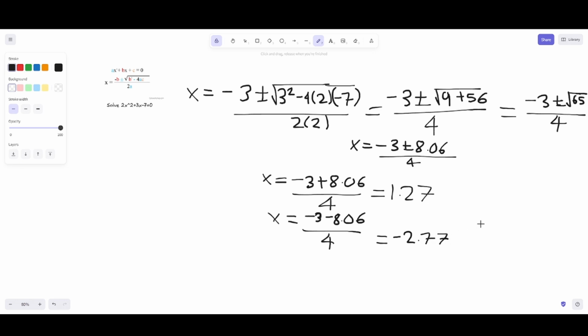So the answer would be x is equal to 1.27 or x is equal to negative 2.77. It would be really hard to find the answer using factorization since the answer is not a whole number. That's why we use the formula instead. But using the quadratic formula takes up lots of time since you have to do all the calculations. So if you think you can do it by factorizing, then go ahead and do whatever suits you best.